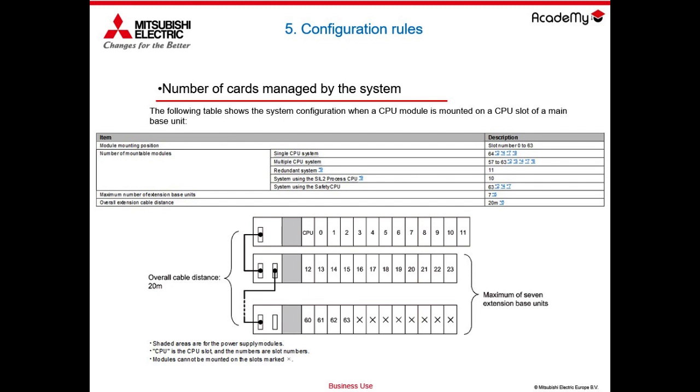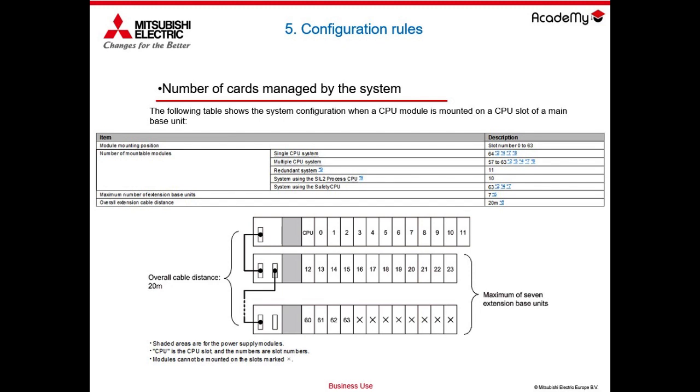This number clearly decreases the maximum number of CPUs when, as I said, additional CPUs are introduced. On a rounded system, the maximum number is 11. As for the cable distance for the extension we talked about before, the maximum distance is actually 20 meters.